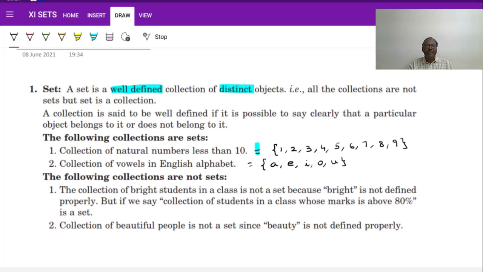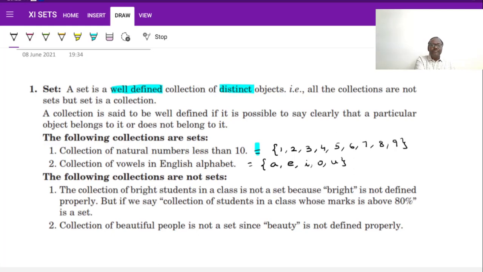The opinion varies from person to person, so it is simply a collection but not a set. Another example is the collection of bright students in the class. That also varies from person to person, so it is not a set but simply a collection.